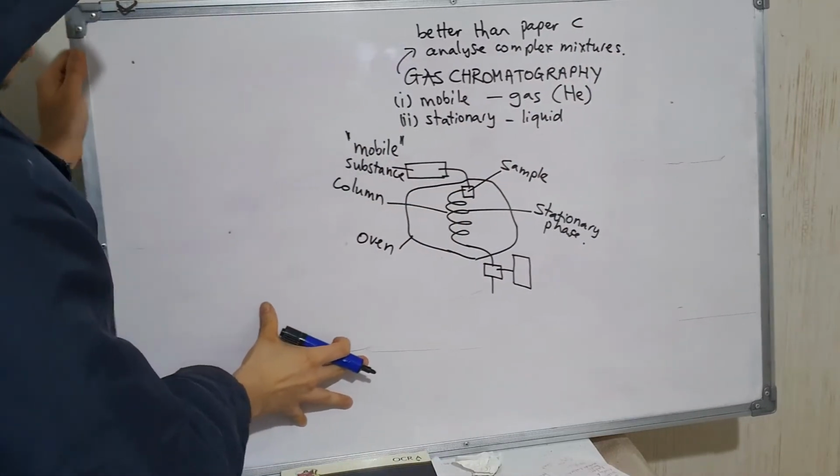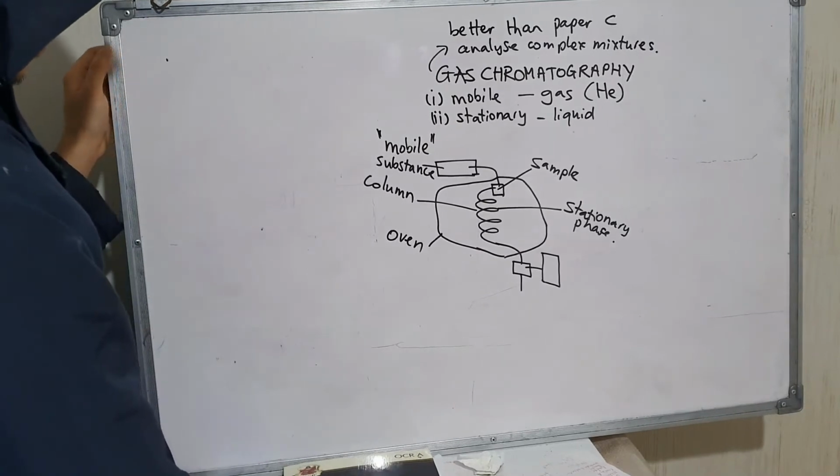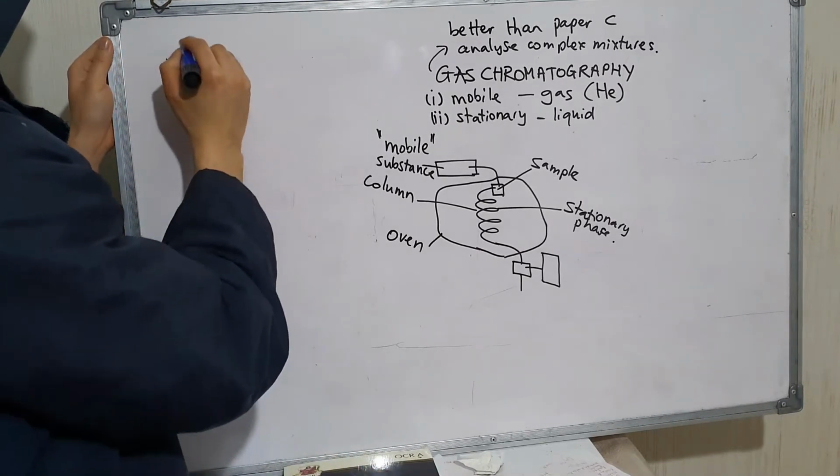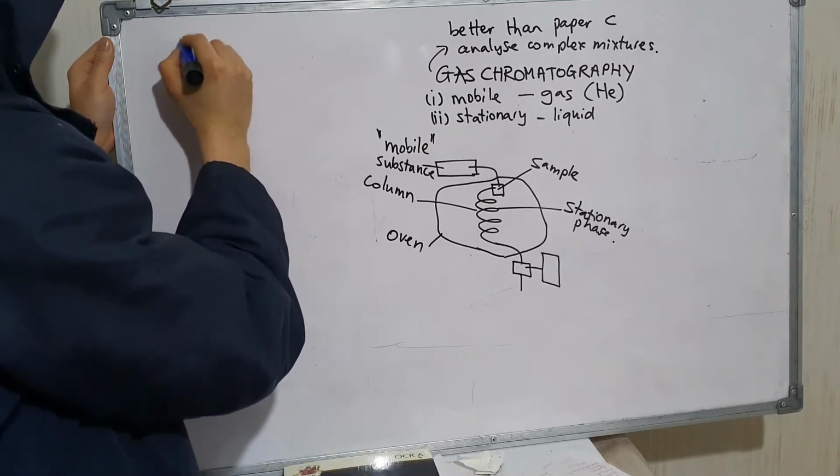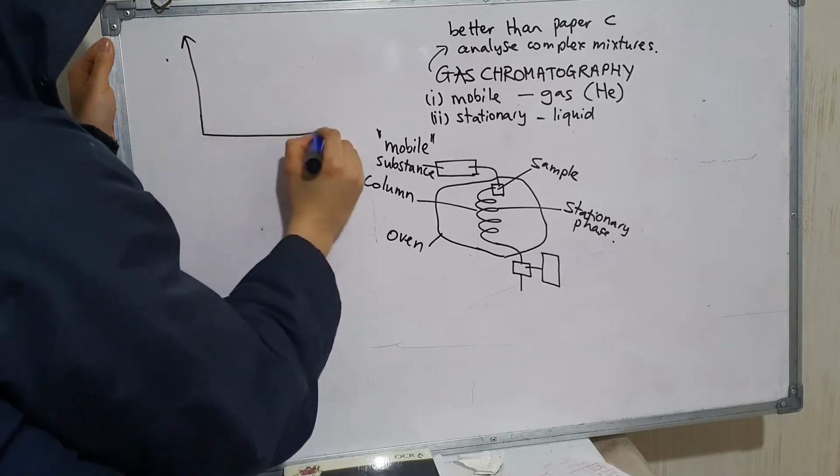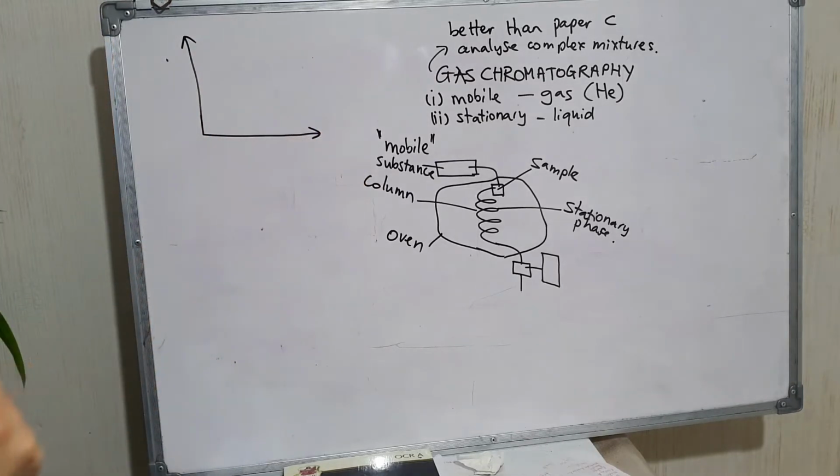Right, so what would a graph look like for this? Okay, so for the y-axis, you will have strength. For the x-axis, you have time.